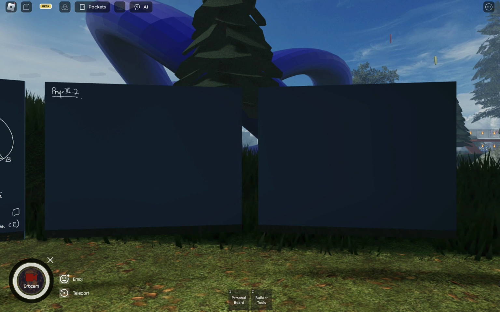Okay, so the proposition states that a straight line joining any 2 points on the circumference of a circle lies inside the circle, falls inside the circle.